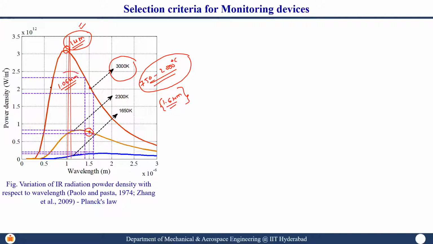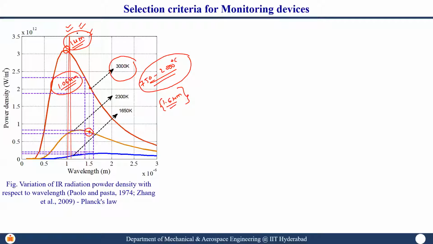Rather, it will start detecting my laser radiation. So you have to be extremely careful when you are dealing with radiations or beams. Your detector should be far away from the operating wavelength of the laser. But if you are using an arc, then you can obviously take 1 micrometer comfortably.